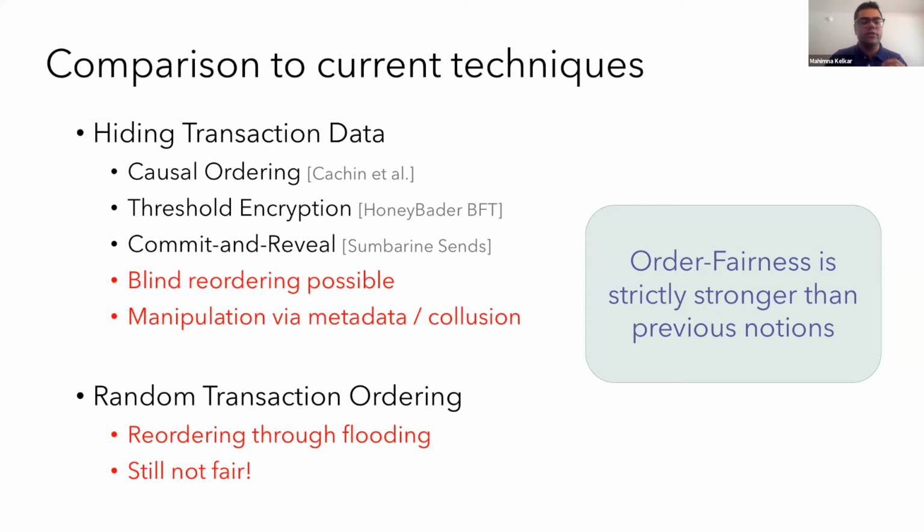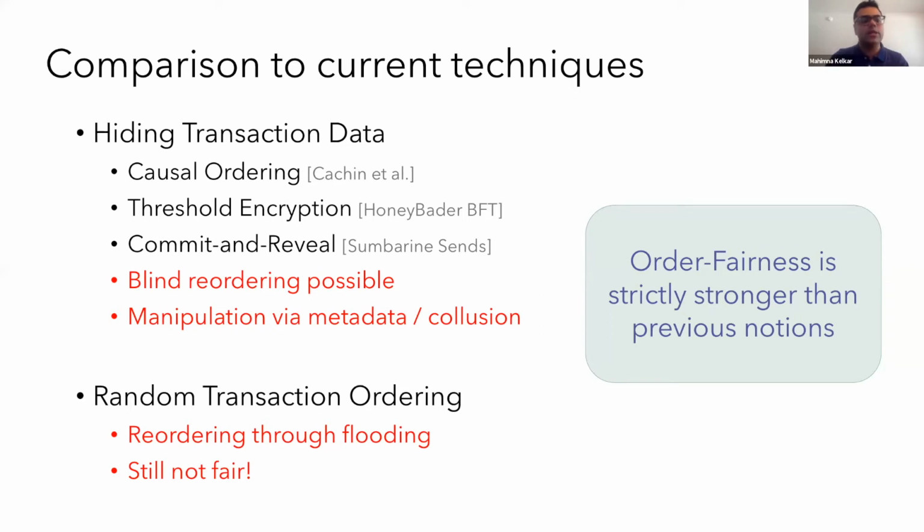But here, theoretically, blind reordering is still possible. And what's more problematic is you can have off-band collusion with someone outside of the blockchain, or reorder via metadata, and still cause a lot of reordering attacks.